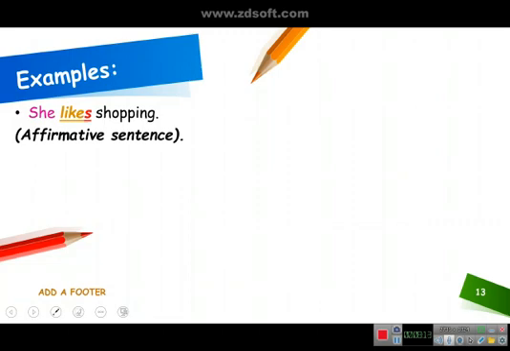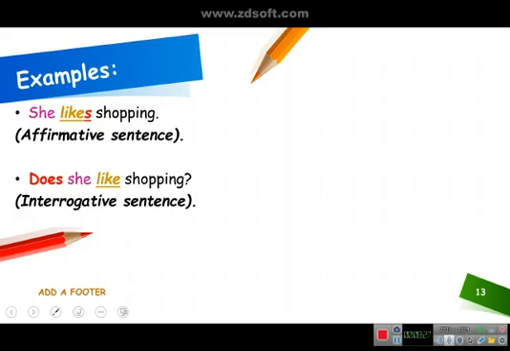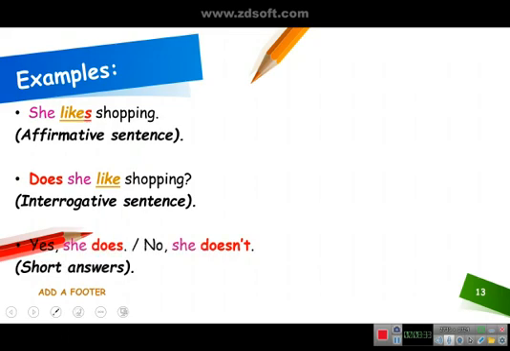She likes shopping. This is an affirmative sentence and the verb is likes. To make this sentence interrogative, we add does before the pronoun she, so it becomes, does she like shopping? The answer is, yes she does, or no she doesn't.